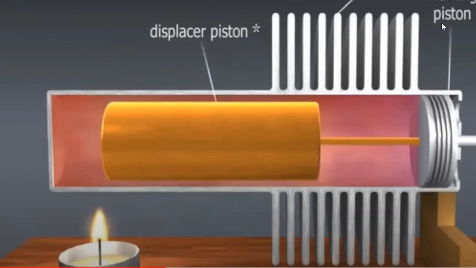One is the working piston and the other one is the displacer piston. The displacer piston and the working piston do not act in the same direction. If the displacer piston moves backward, the working piston moves forward. In this way, the displacer piston and working piston work together with the regenerator.